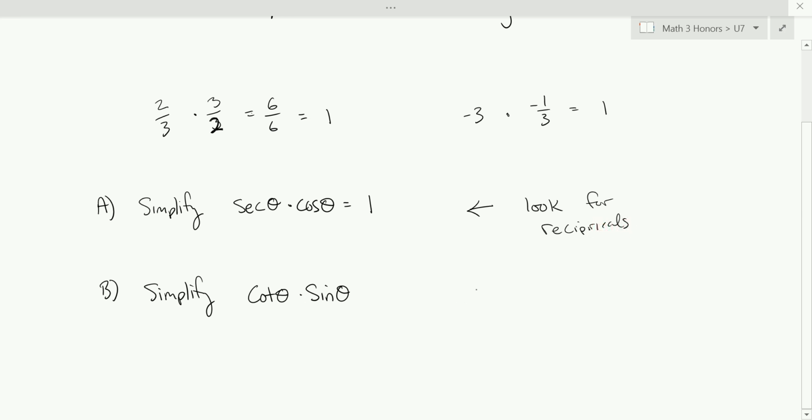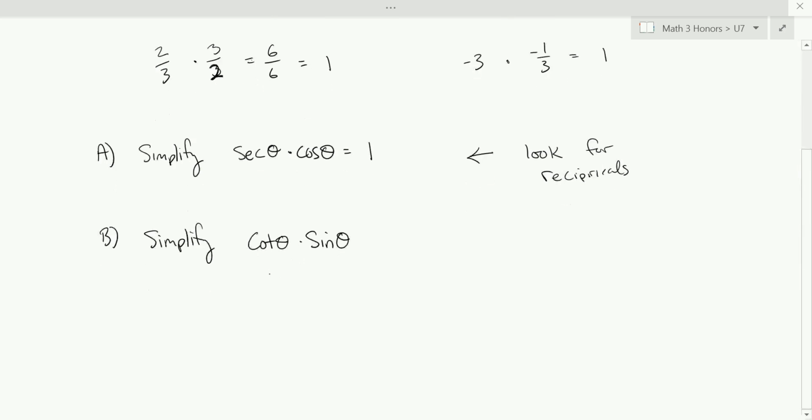Okay, this one right here, what's a technique that you remember from last year? If you had something like this and you had to simplify, yeah. Change. Okay, so if it doesn't look like you can do anything to it, you can always change everything in terms of sine and cosine. And so let's try that. Cotangent is cosine over sine. Is that on your cheat sheet? That one's not on your cheat sheet, so that one you got to remember. Okay. Cotangent is cosine over sine.